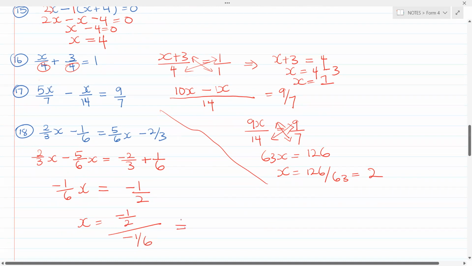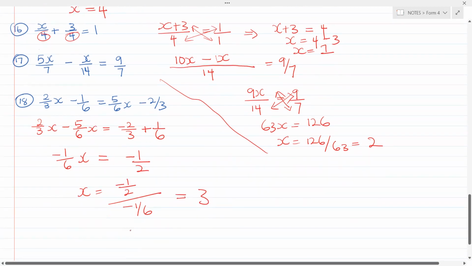So negative 1 over 2 divided by open brackets, fraction sign negative 1 over 6, close brackets, our answer is 3. So all of that to get a nice, simple answer, x is equal to 3.